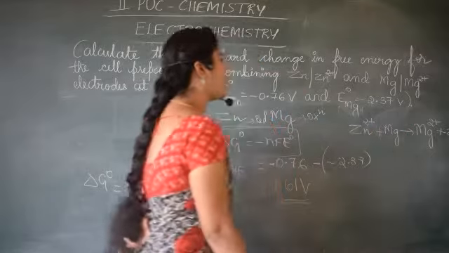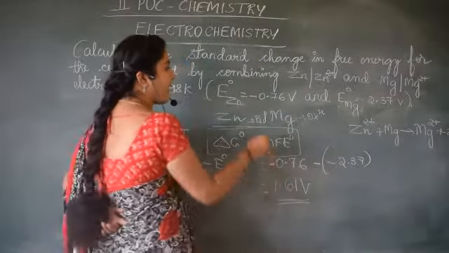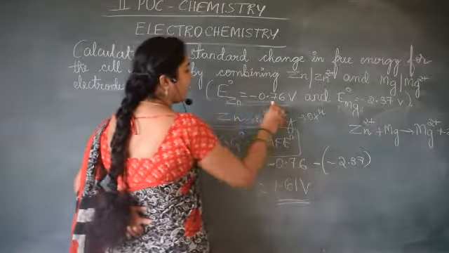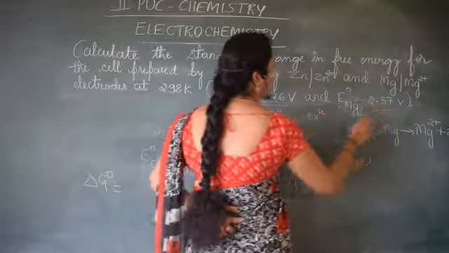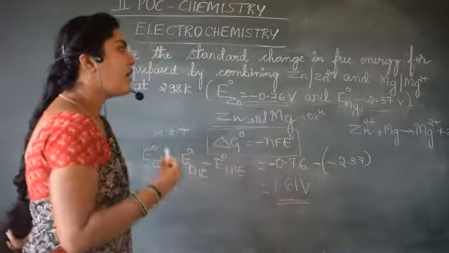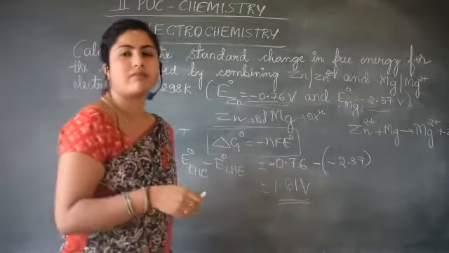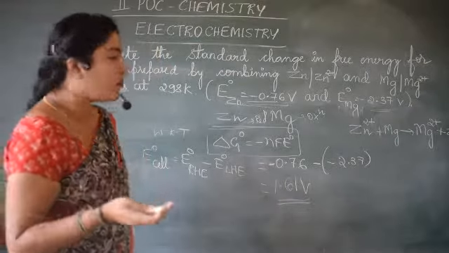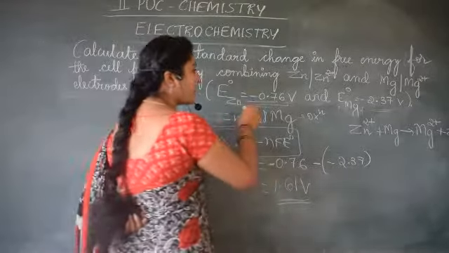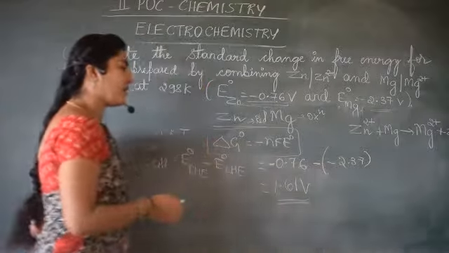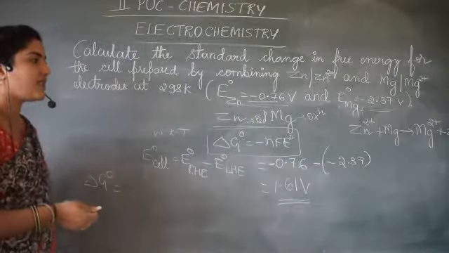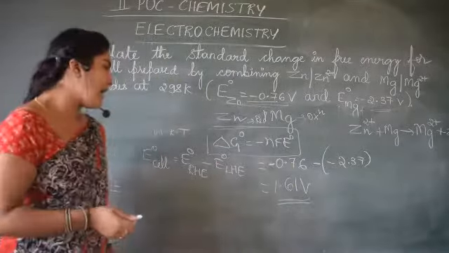So Zn undergoes reduction. Why? You have to see the negative value here. You know about the electrochemical series. If it is highly negative, whether it is more reducing or less reducing, based on that we get the idea of which is the oxidation and which is the reduction half cell.